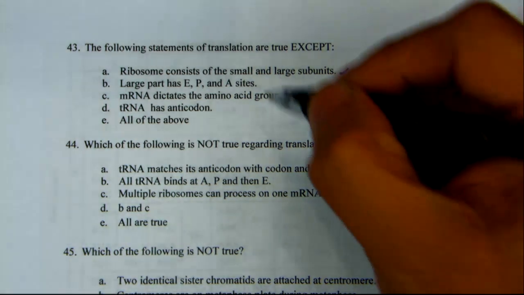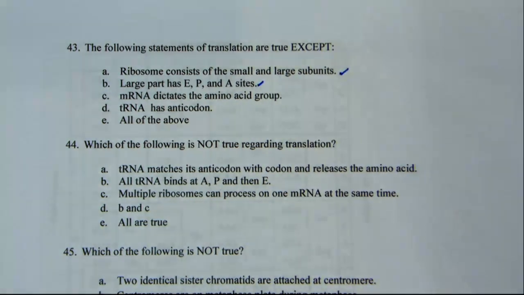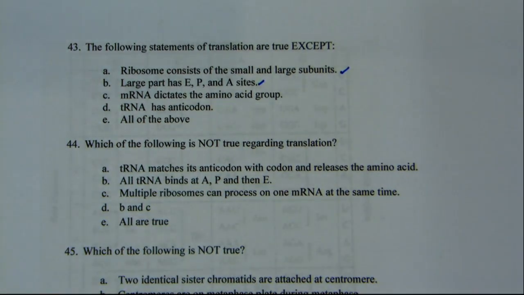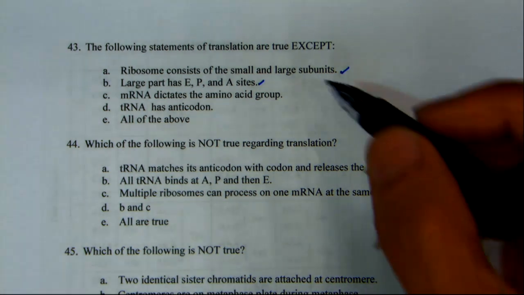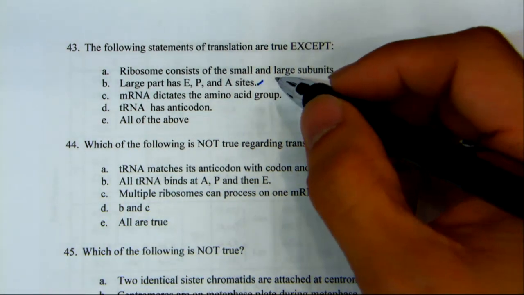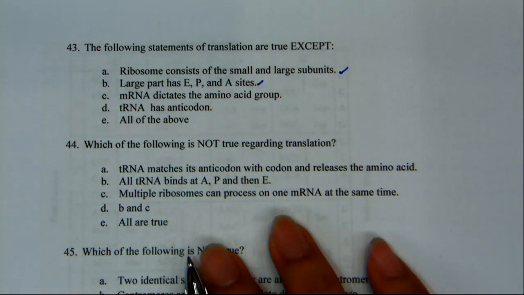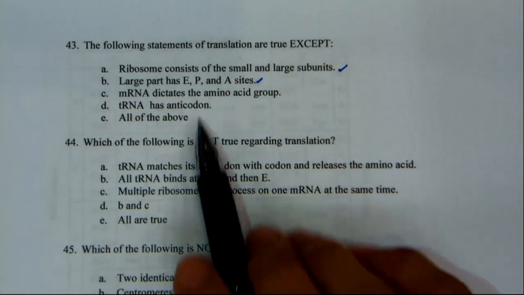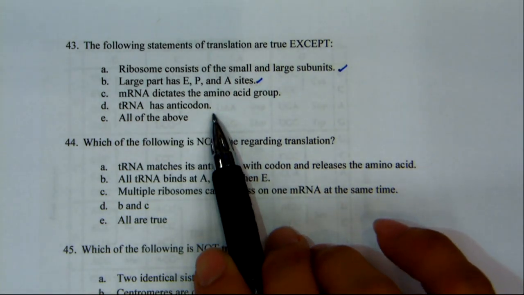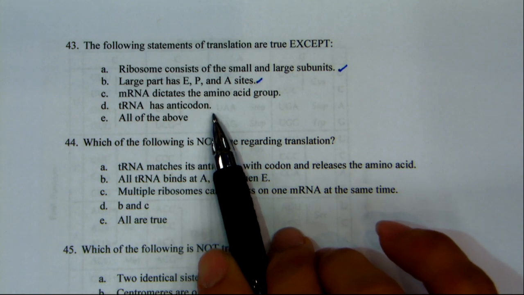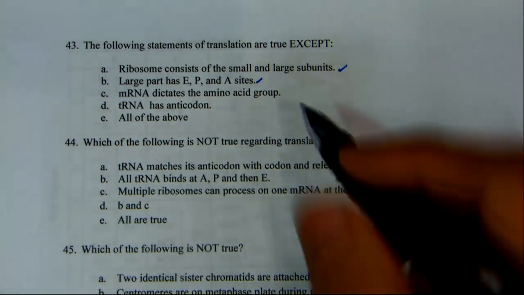That's also correct. mRNA dictates the amino acid group. Is that correct? If you're not sure, we can leave it. tRNA has an anticodon.